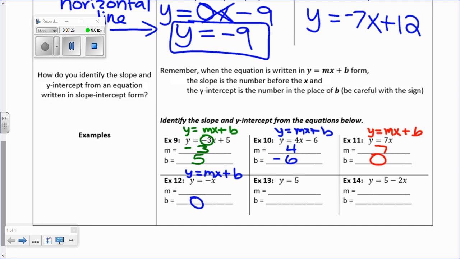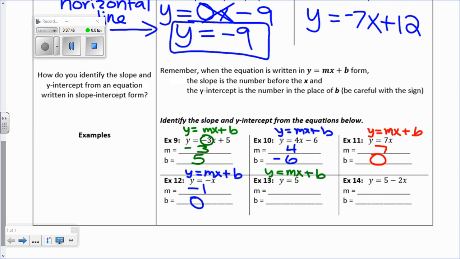And so that should be understood that that one should be a -1.